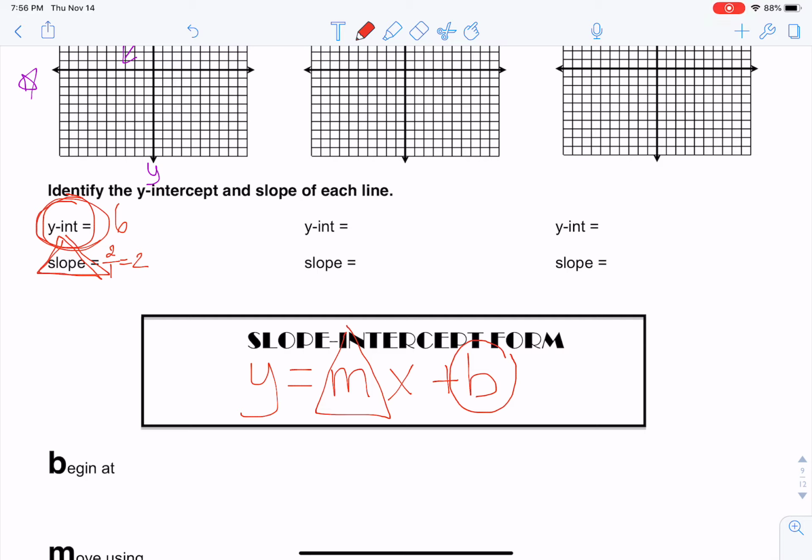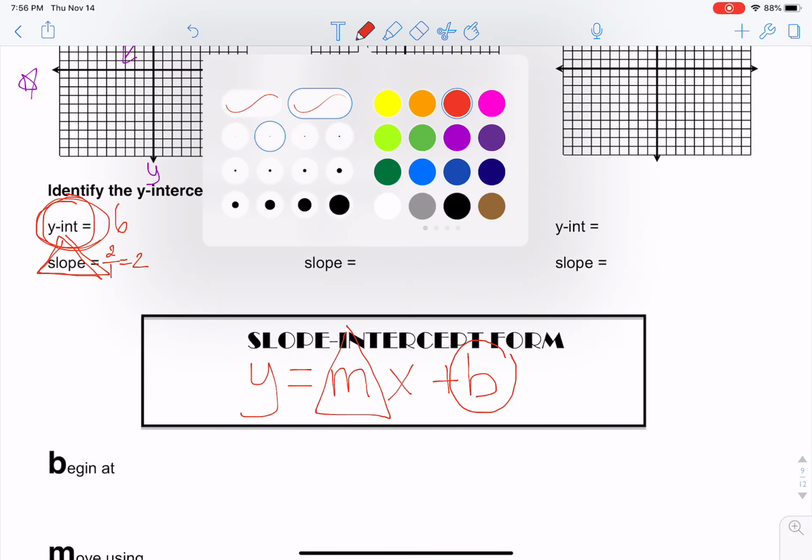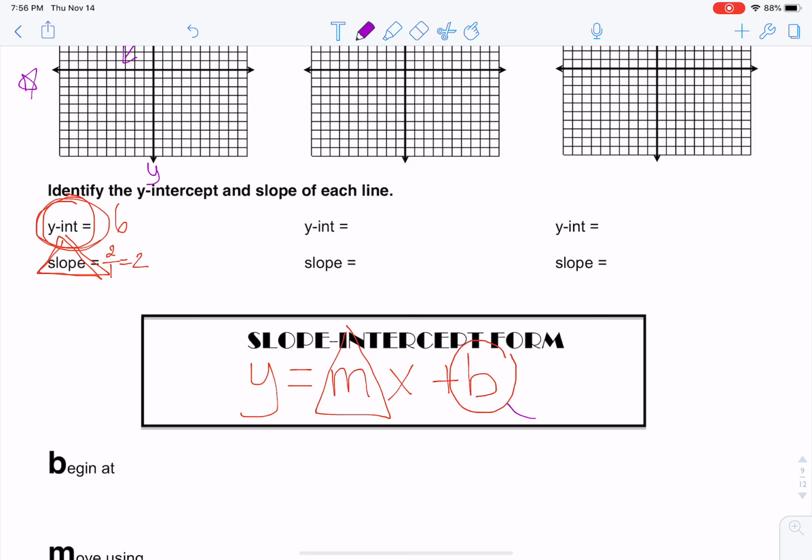So y equals mx plus b is something you're going to hear over and over again, and it's going to be so important for how we graph lines. I'm going to make a little note here, and I want you guys to do it with me. This b is the y-intercept, and this m is the slope.